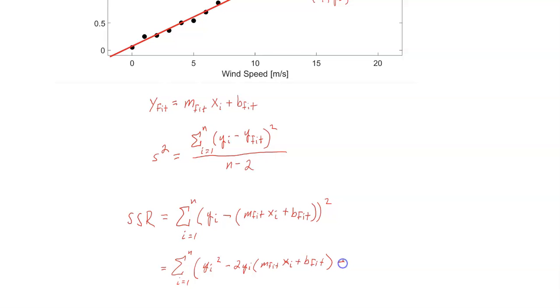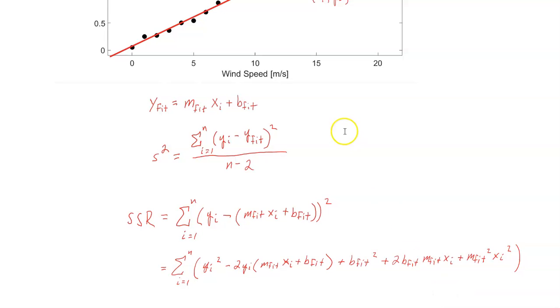And so when we do that, we will get our b fit value squared plus 2 times b fit times m fit times xi plus m fit squared times xi squared.